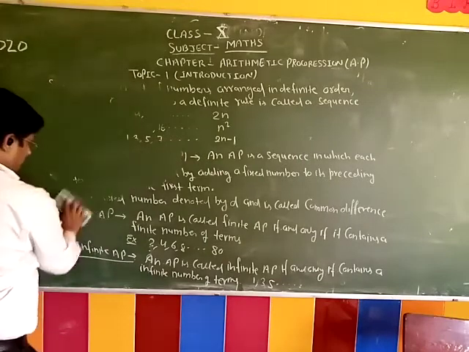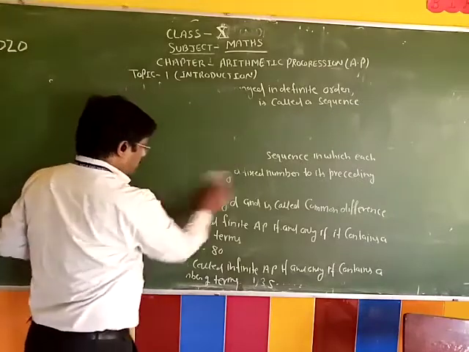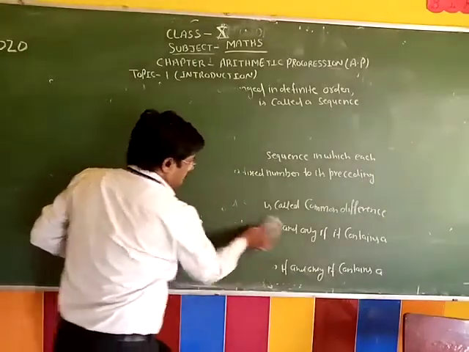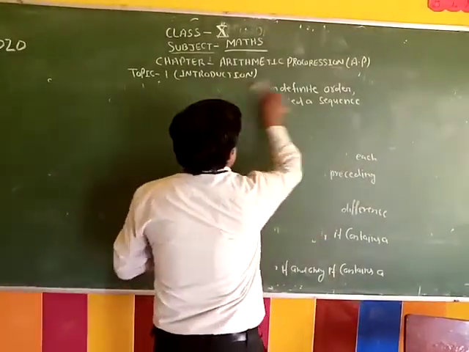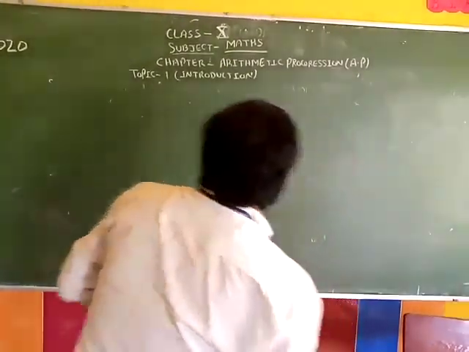Clear? Now let's solve the problems related to the AP. Find the AP whose first term is 2 and the common difference is 3. Let's explain with the example.